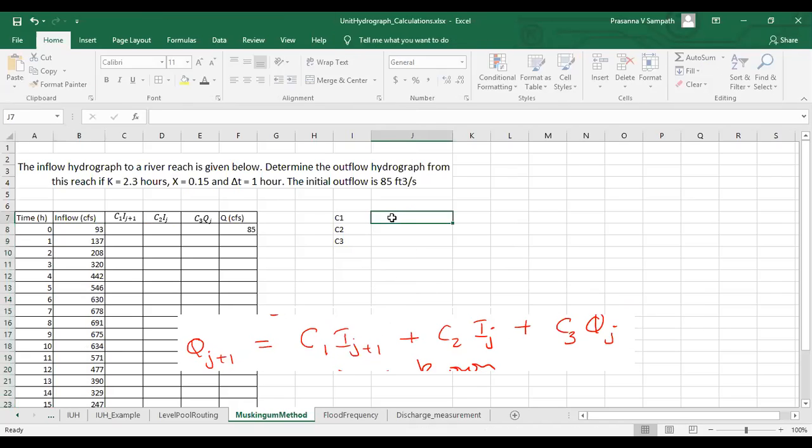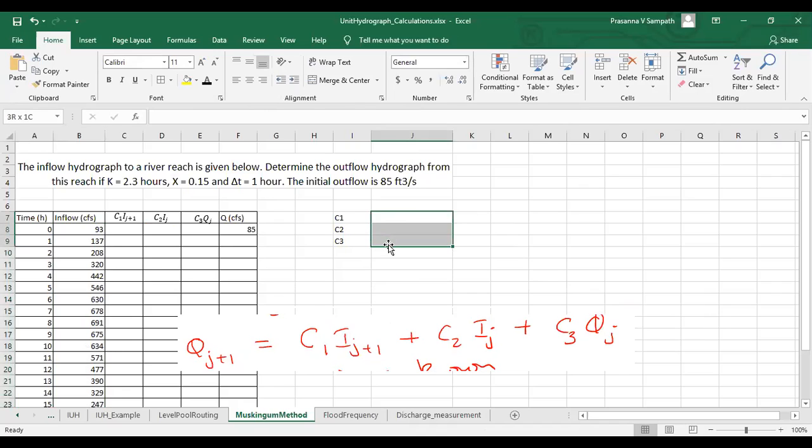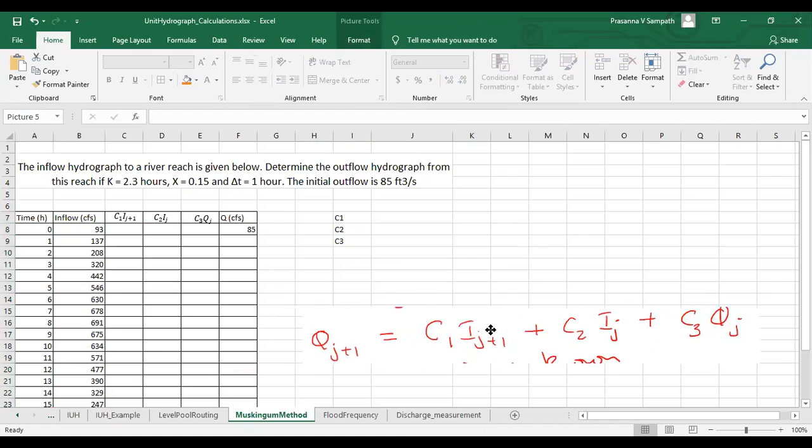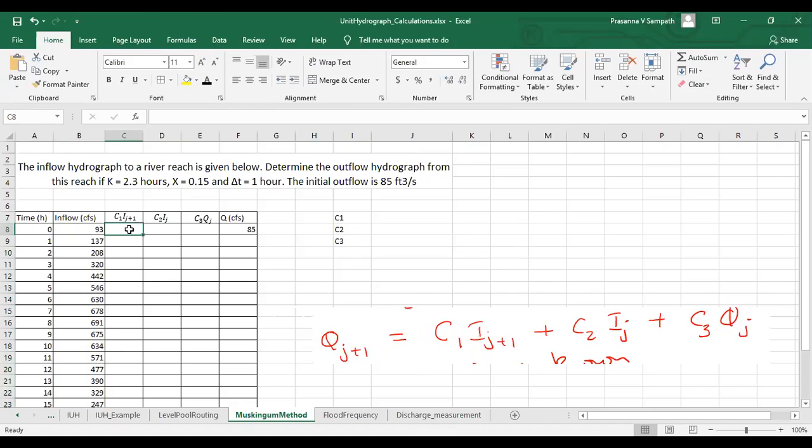I was under the impression I had already put those numbers in. Looks like I didn't. Okay, so it looks like I'll have to solve this on the spot.